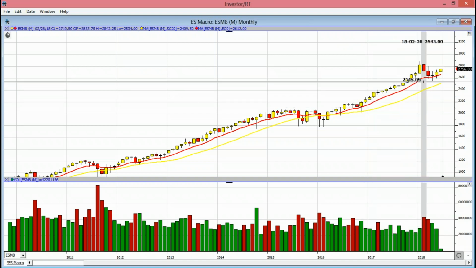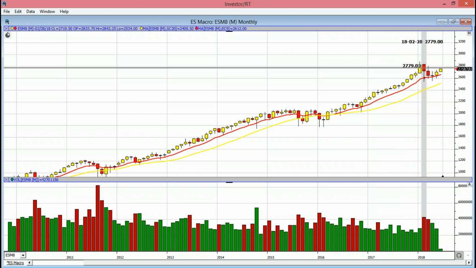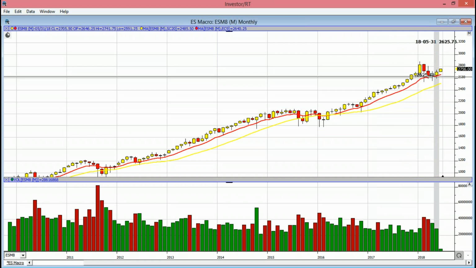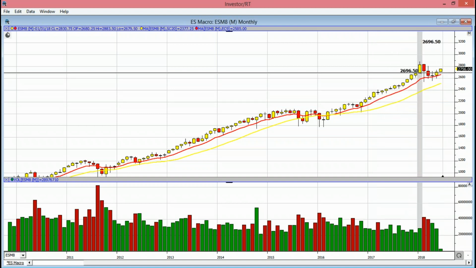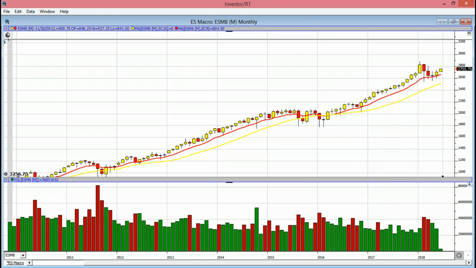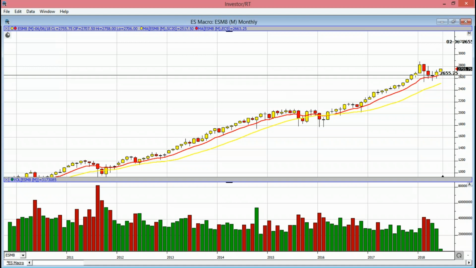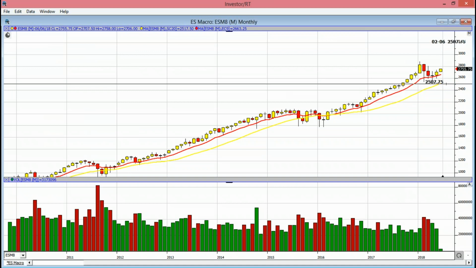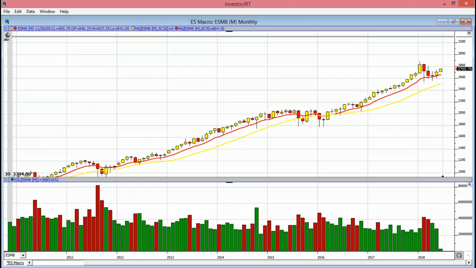So monthly, one-time framing 14 months, breaks the one-time framing in February, comes and challenges the 9 EMA, but never able to close below it. And we get continuation. We've got good slope and separation. The overall trend doesn't even get challenged on the monthly until we get back into the mid 2600s, and never gets violated until we get into the low 2500s.